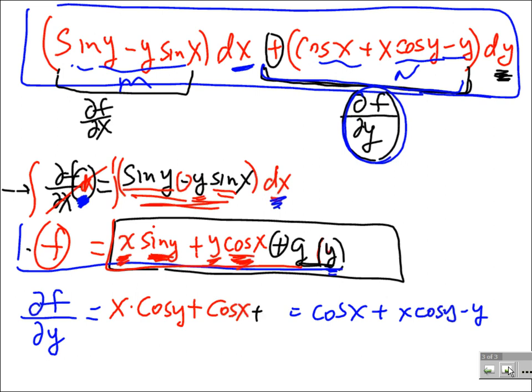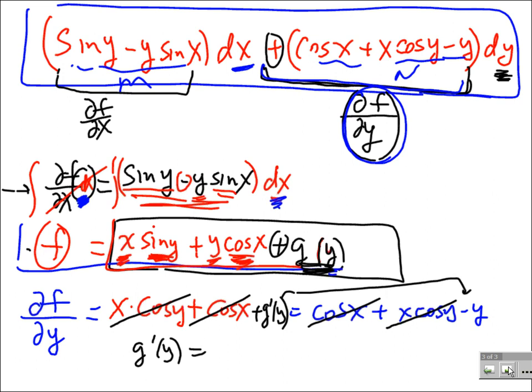Plus the derivative of that with respect to y. That's g prime of y. Now, you should have lots of things canceling out, like plus cosine x and plus cosine x, and plus x cosine y plus x cosine y. So we have that g prime of y is equal to negative y.